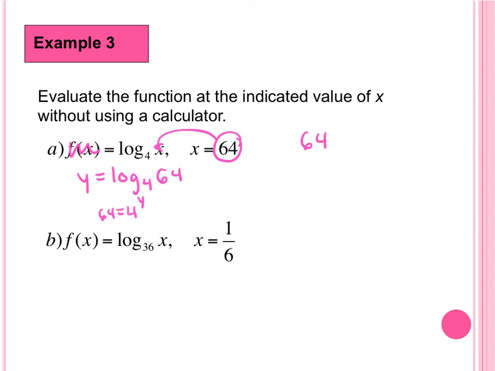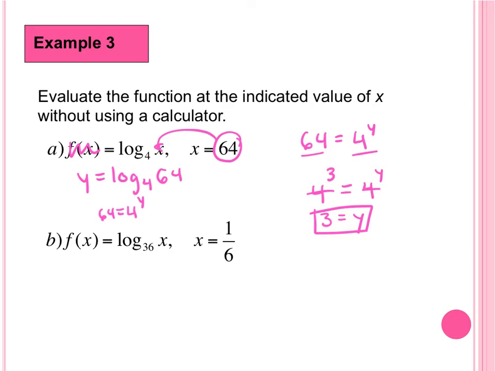So we have 64 is equal to 4 to the y. And we want these to have the same base, so we want 64 to be 4 to the power of something. We know 4 squared is 16. If we multiply another 4 to that, 16 times 4 would be 64. So this 64 is actually 4 cubed. So 4 cubed is equal to 4 to the power of y. If our bases are the same, we can just cancel them out and set our exponents equal to each other. So 3 is equal to y.